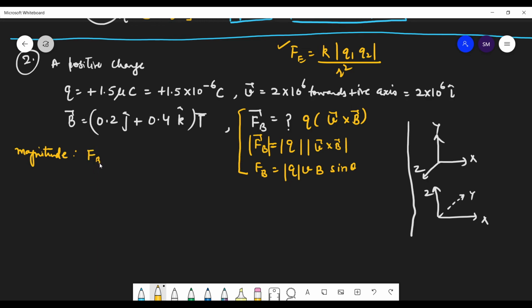So FB is equal to magnetic force equal to Q. What is Q? We need a lot of space here.